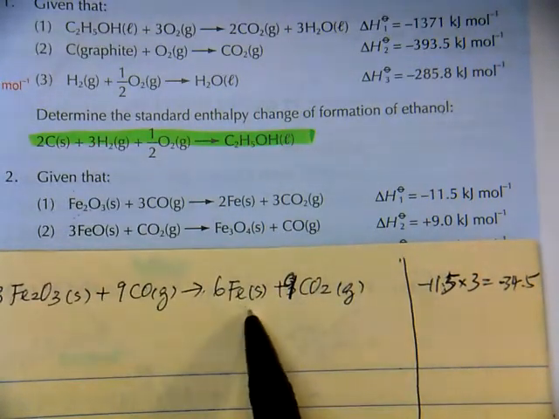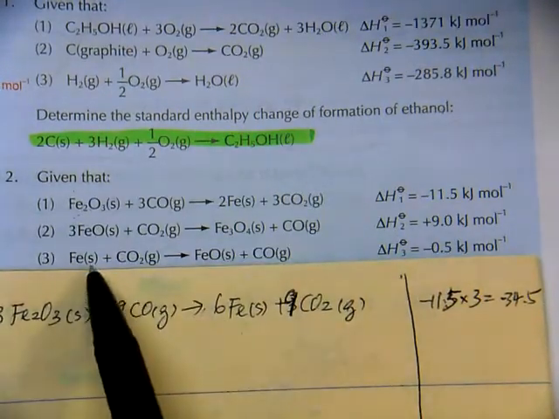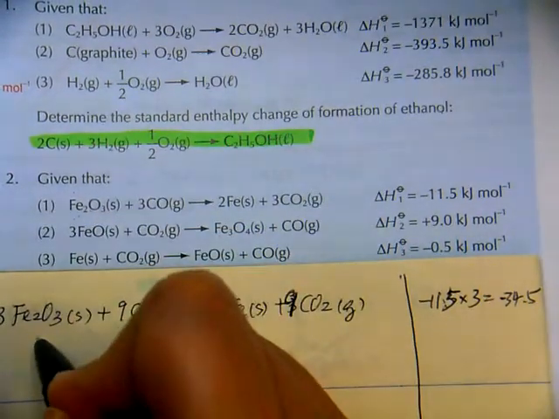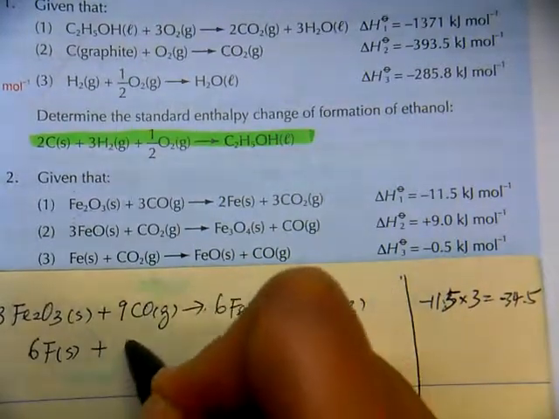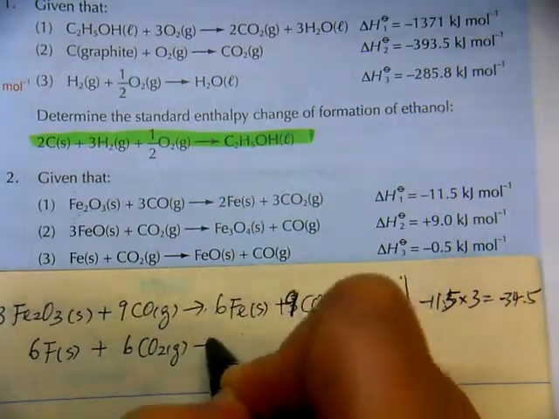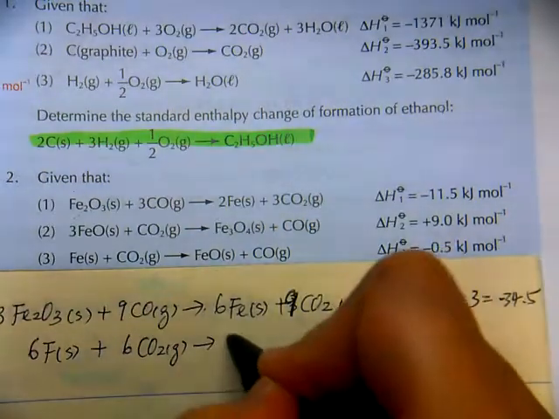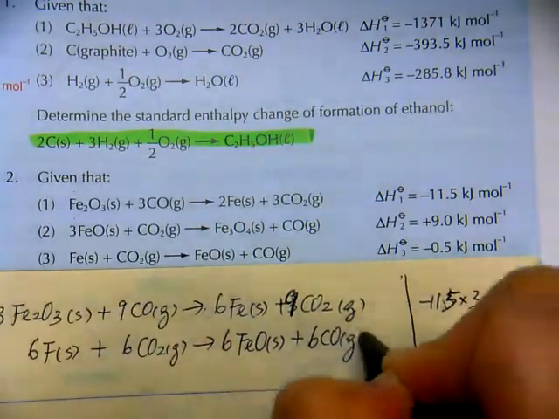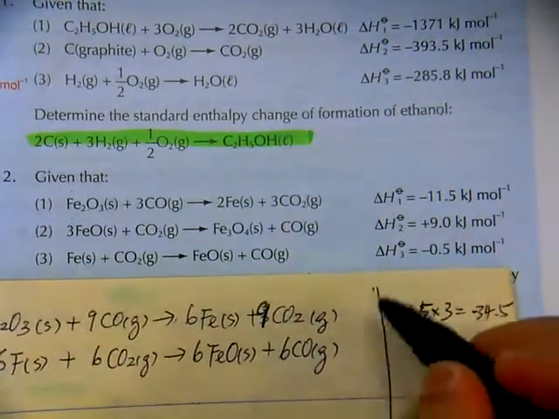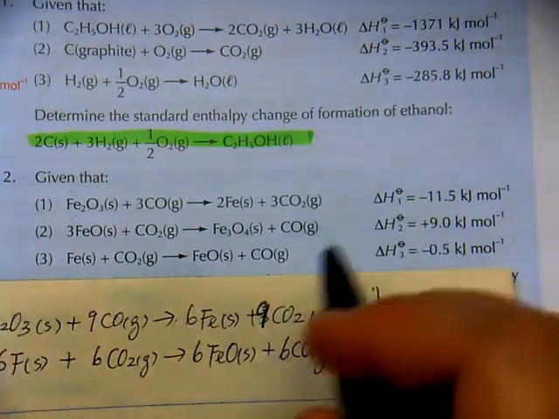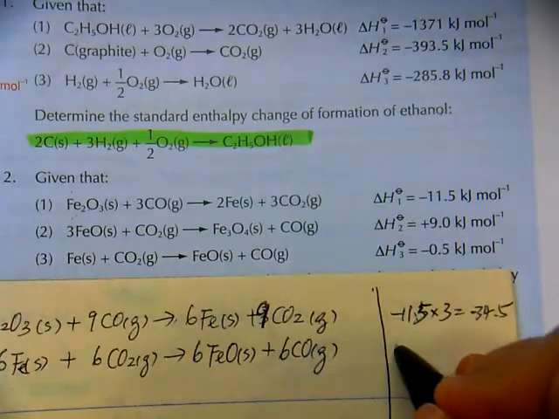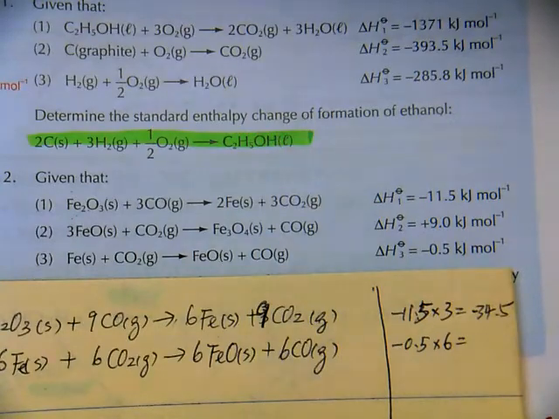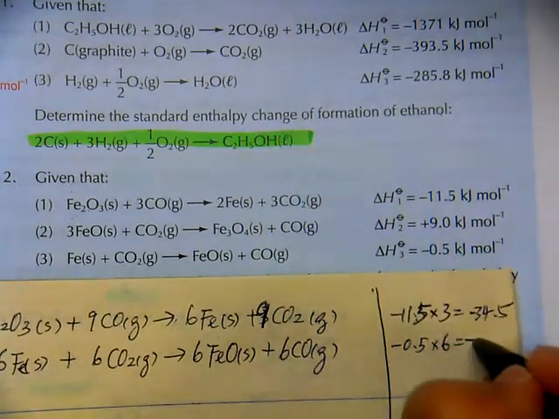We have Fe on the product side, and here we have Fe. So I'll copy down the third equation, multiply the third equation by 6. Because I haven't changed the direction, so keep the sign. And then next I multiply the whole equation by 6, so which is -0.5 times 6, which is -3.